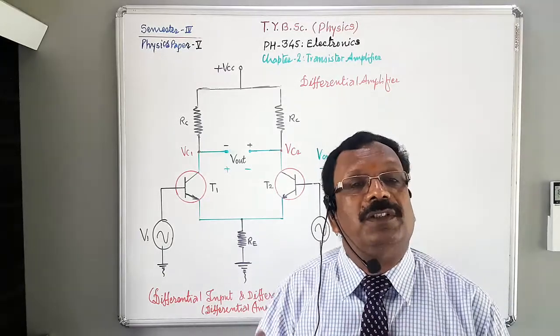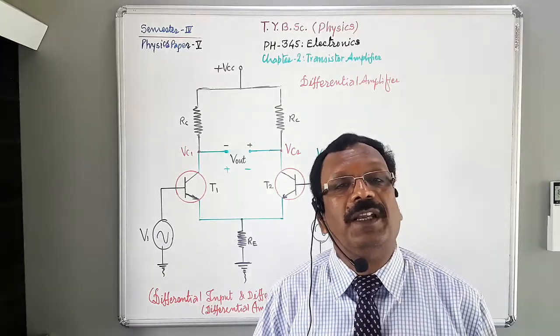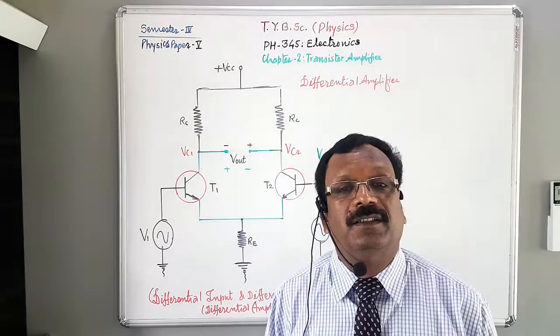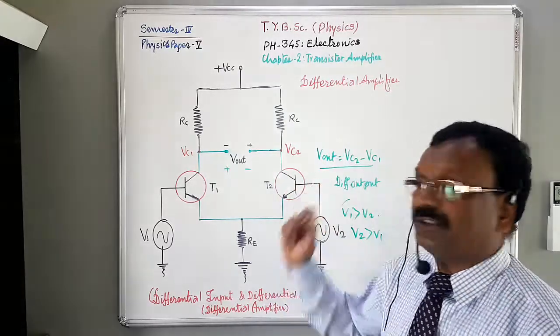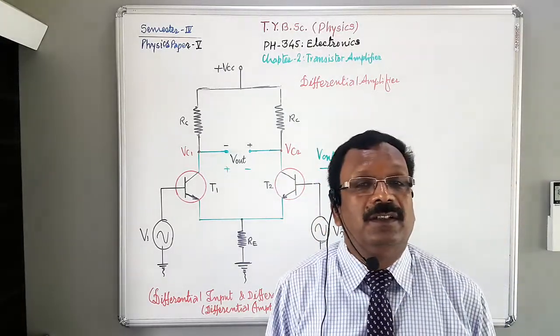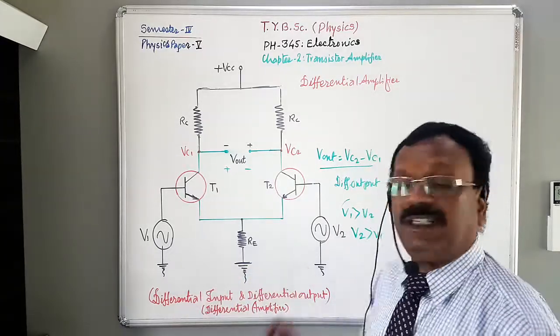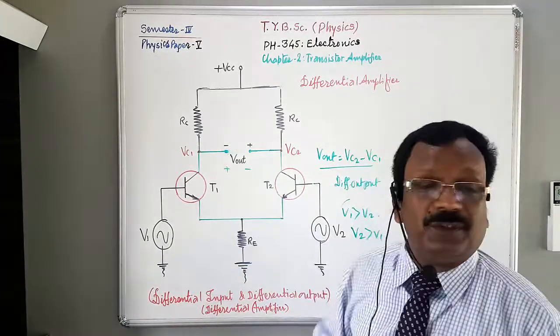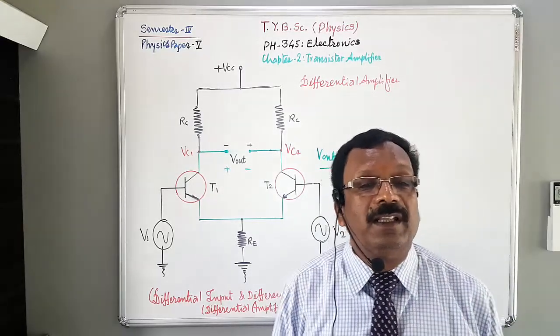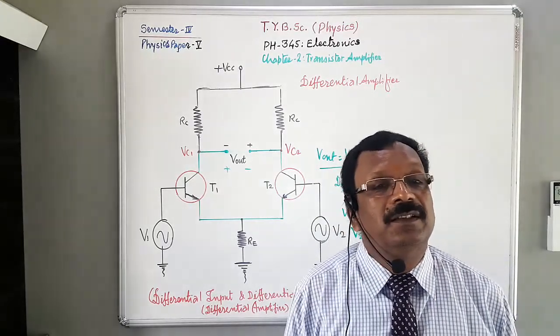And when both inverting and non-inverting voltages are present, the total input is the differential input. So this is the differential input and differential output. This figure illustrates differential input and differential output.